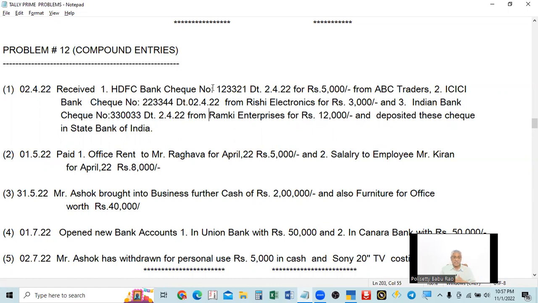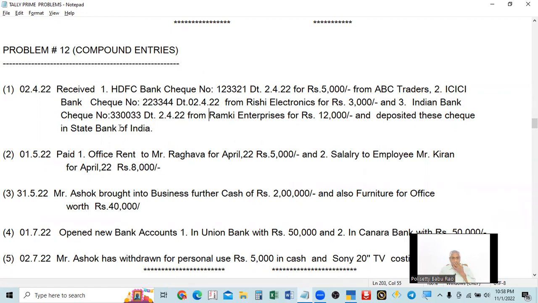All 3 checks are deposited in State Bank of India. Whenever you receive cash, we keep the cash with us. Whenever you receive a check, that check will be deposited in our bank account. Our bank is State Bank of India, because we may have many banks, but all these checks are deposited in State Bank of India.